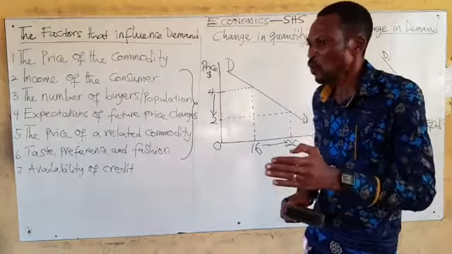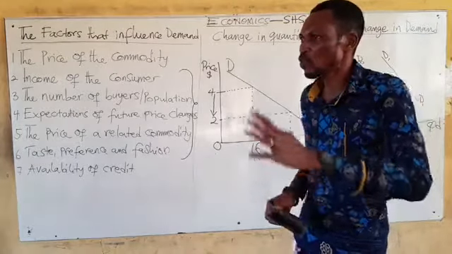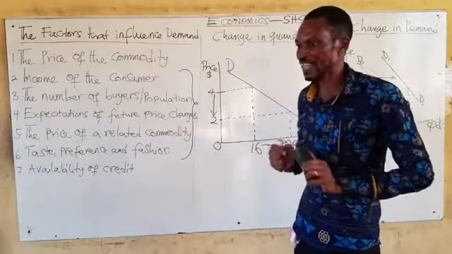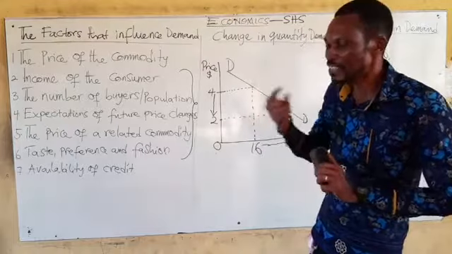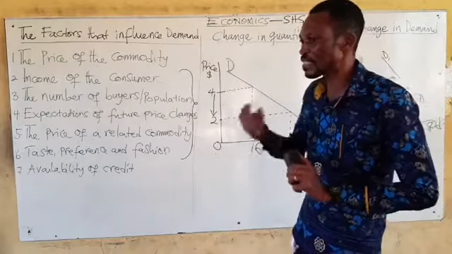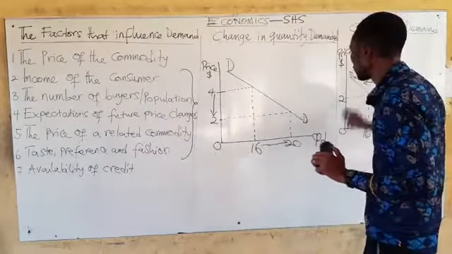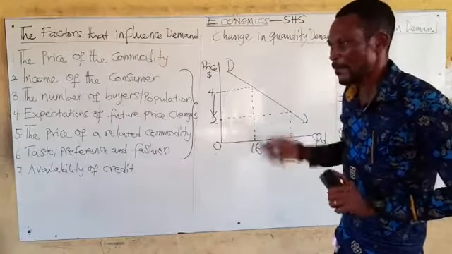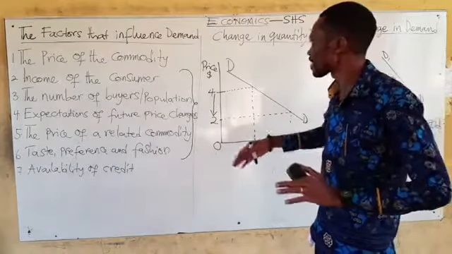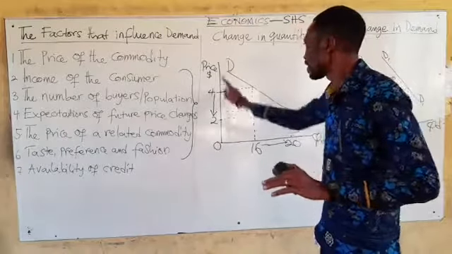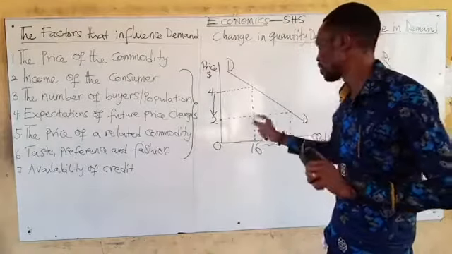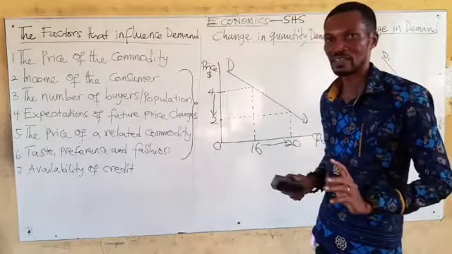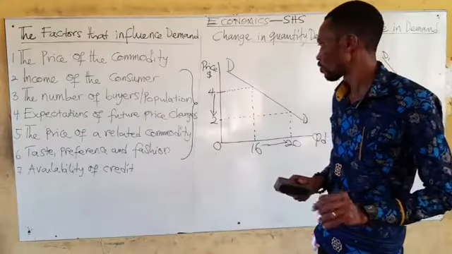But when you are asked factors that influence quantity demanded, then you think of price. In my first question, I didn't say factors that influence quantity demanded. I said factors that influence demand, and that is change in demand. Mention only these factors, leave out price. But in case you say factors that influence quantity demanded, then price comes in. You can mention price. This distinction must be made clear, and it will be very helpful.